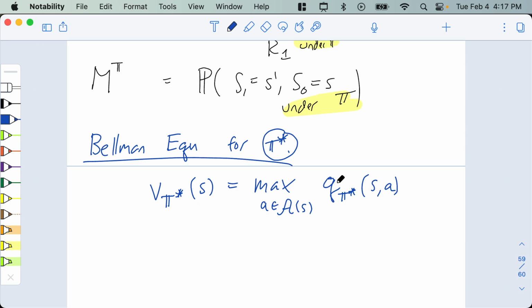So the optimal policy satisfies this. Non-optimal policies maybe have some states where they choose a suboptimal action, but the optimal policy always chooses the optimal action.